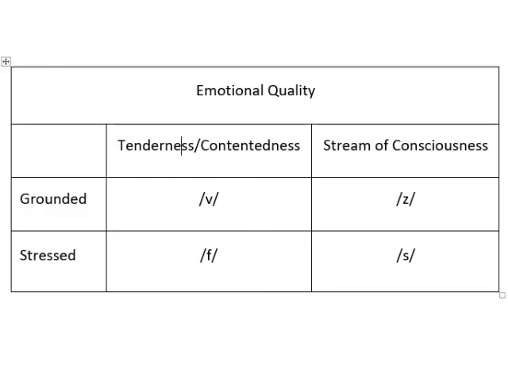So the F sound is sort of a contented sound. You're happy, but you're not overjoyed. You're holding back. And the V is the voice that's more laid back, kind of feeling of very, very luxuriating contentment.